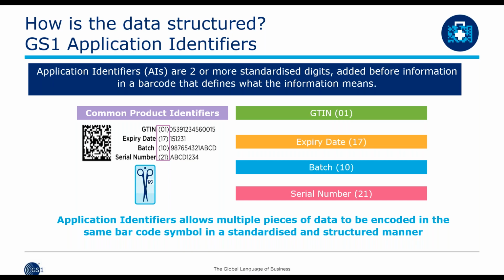So AIs, or application identifiers, are used worldwide, and they're reliably interpreted, and they allow multiple pieces of data to be encoded in the same barcode symbol in a standardized and structured manner.